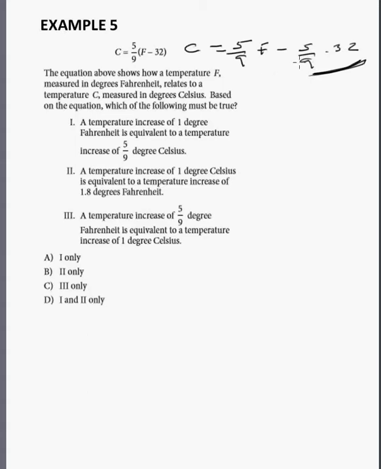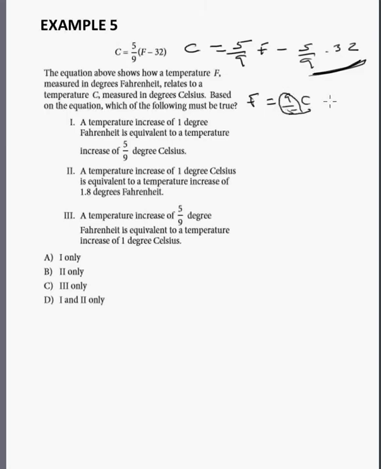At the same time, now I'm going to forget about this constant term for now. I can also say that F is equal to 9 over 5 C, if I ignore the constant, plus something like this.